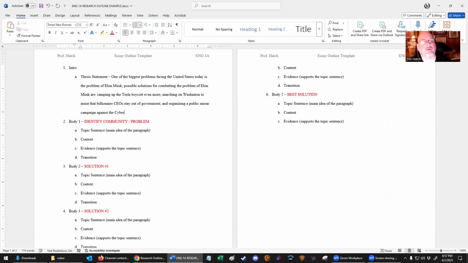Capital C, Cybertruck. Against the Cybertruck community? No, you don't want to punish the buyers of Cybertrucks, or at least I don't. Also, I think this might be two words. Against Cybertruck culture. I don't even know if that's a thing.